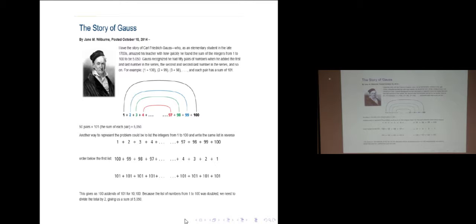You pair 1 with 100, 2 with 99, 3 with 98, right? So in some sense, it's just like what we did. So you write it forward and you write it backwards. And then in the end, you get 50 copies of 101. So immediately Gauss gets the sum, which is 5,050.